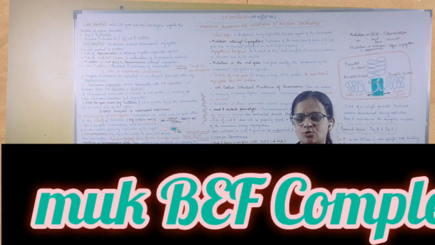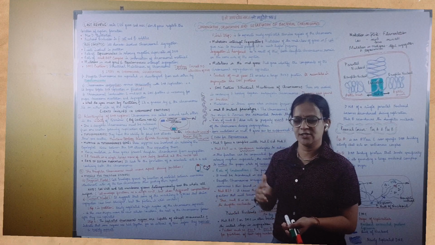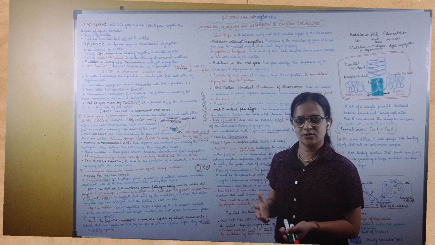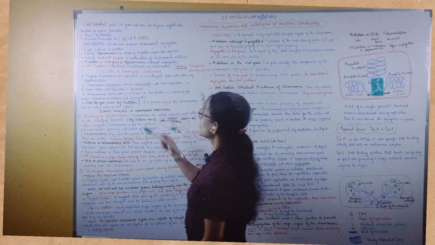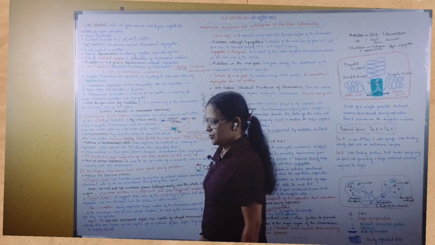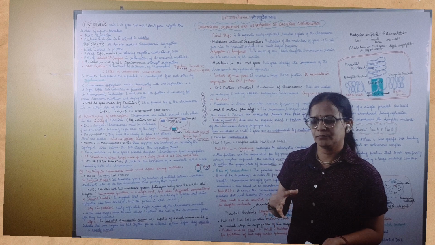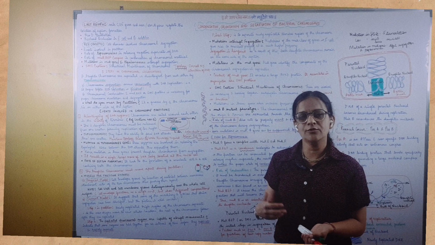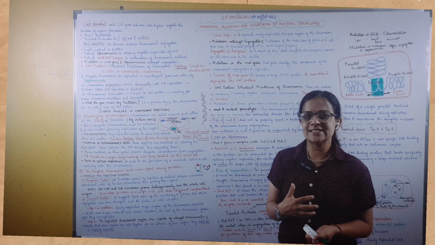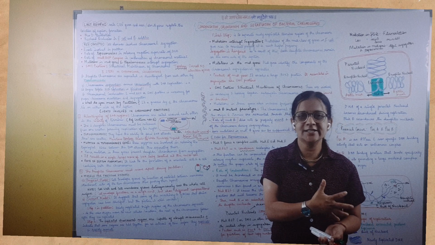These three genes code for the respective proteins, that is MukB protein, MukE protein and MukF protein. Then if there are mutations, now in genetic studies, one thing is very clear, that you go on studying them in order to understand the role of the wild type gene.